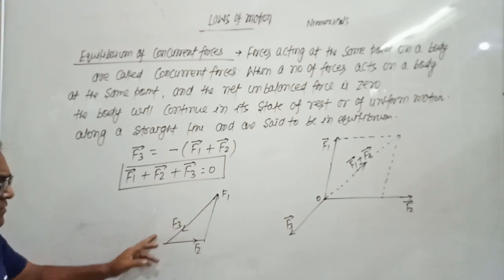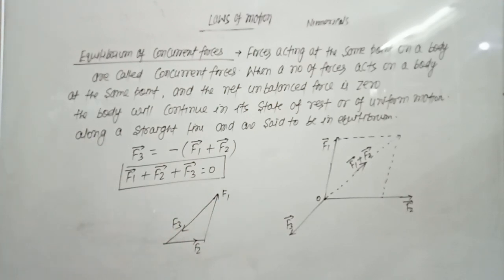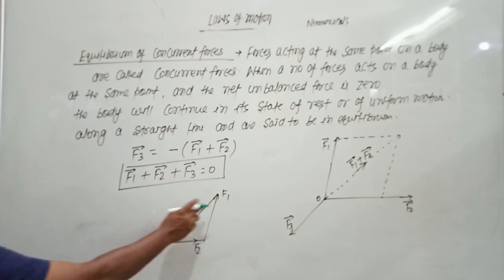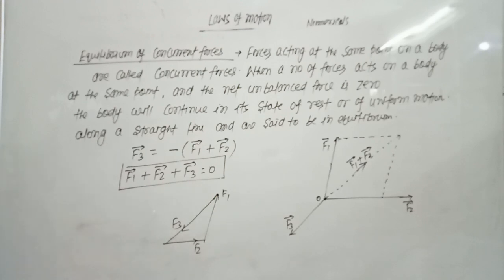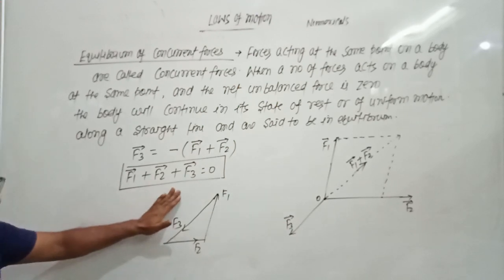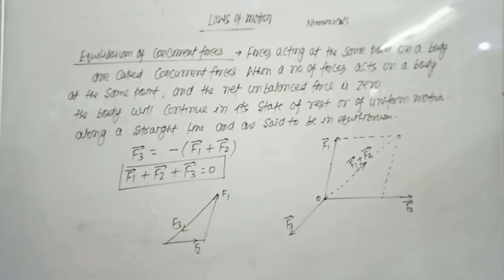So all these three forces are along the same point, and their resultant will be 0. F1 plus F2 plus F3 equals 0. So they are called concurrent forces, and this is the condition for equilibrium of the concurrent forces.